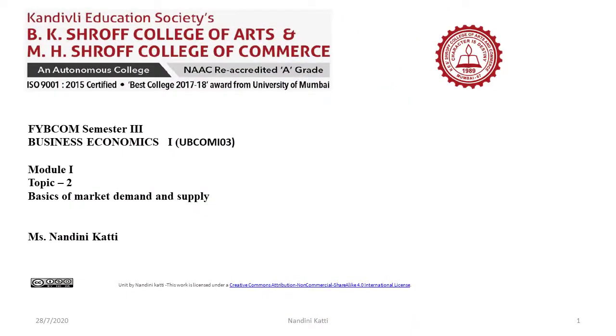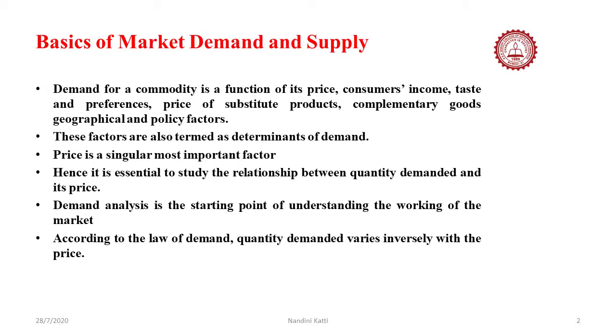Demand for a commodity is a function of a number of factors, the main being price, followed by consumers' income, taste, preferences, price of substitute products, complementary goods, geographical conditions, political and policy factors, etc. They are also called determinants of demand.